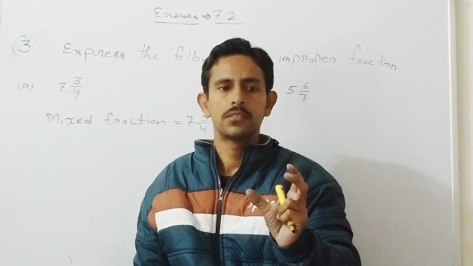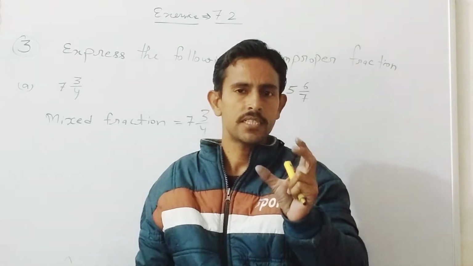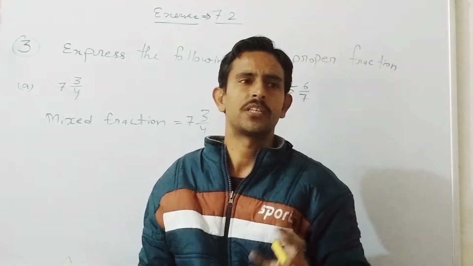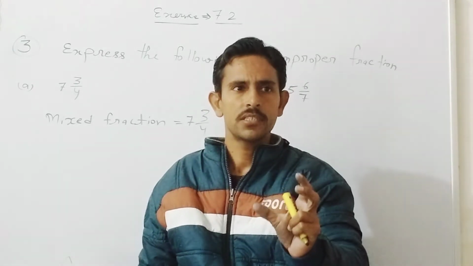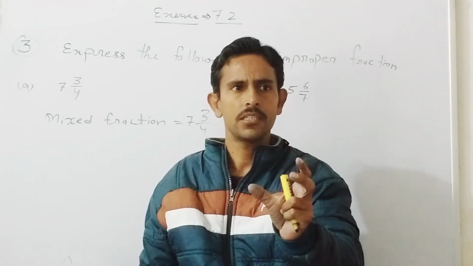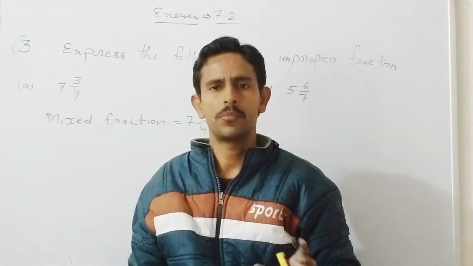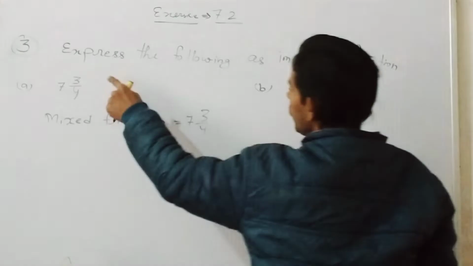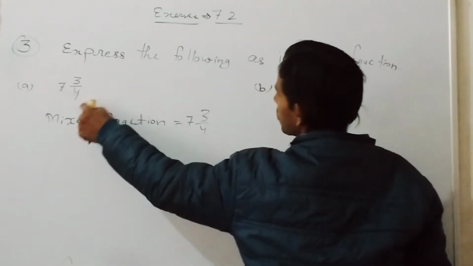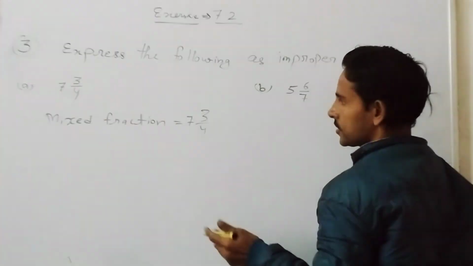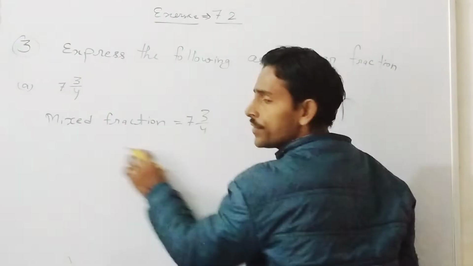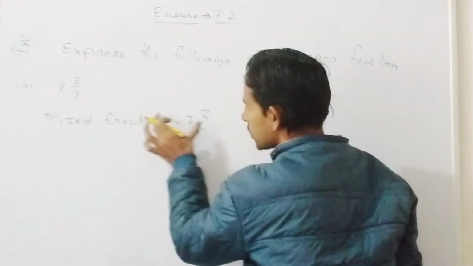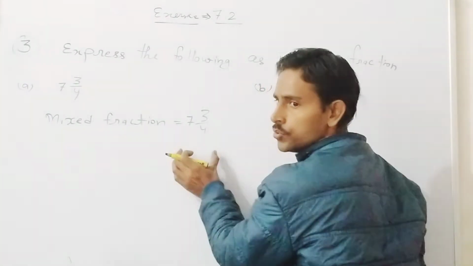An improper fraction is a fraction which has a numerator greater than its denominator, and a proper fraction is a fraction which has a numerator less than its denominator. So here we have to express this mixed fraction as an improper fraction.